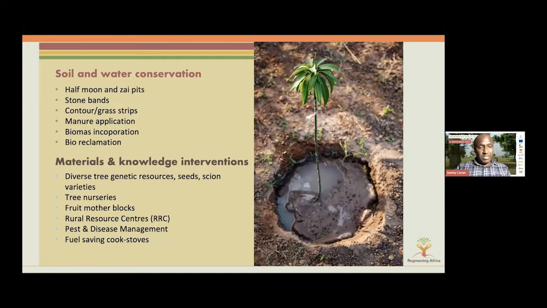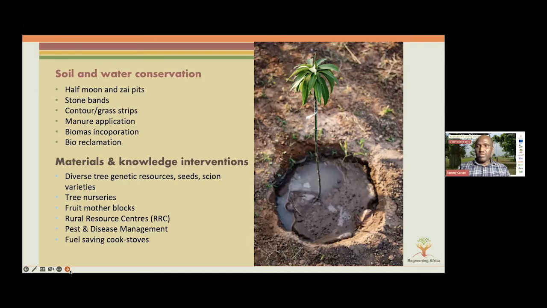But all these practices don't go alone. So a lot of work has gone into supporting practice application, looking at what genetic resources can be availed to communities so that they are diversifying what they're producing, what seeds are available, what species are available, and all these things that go into tree planting.